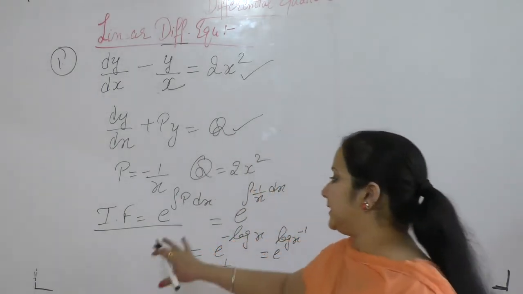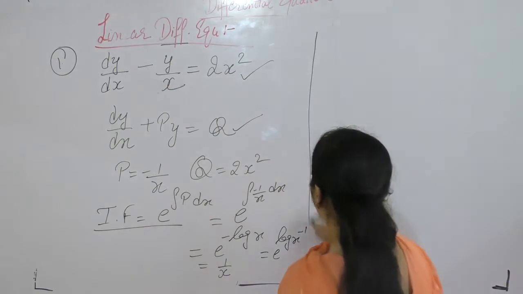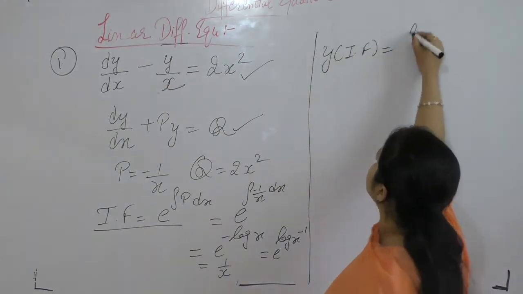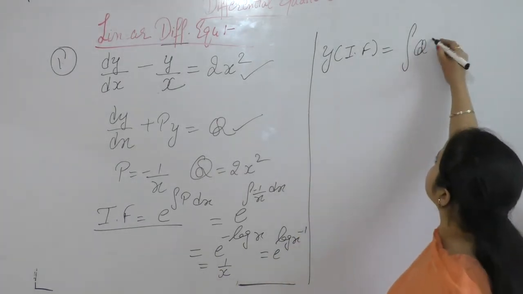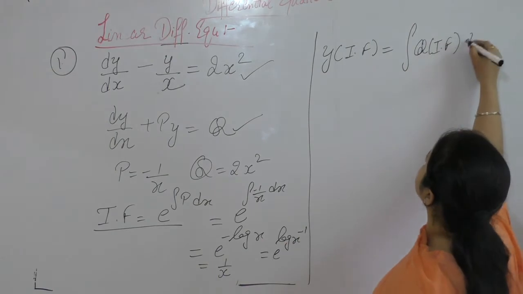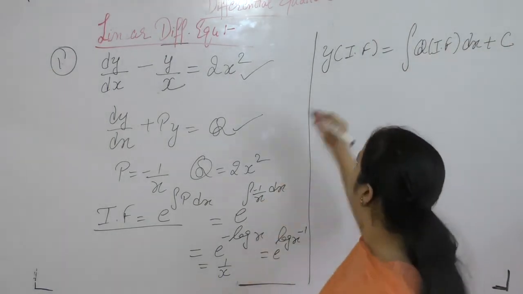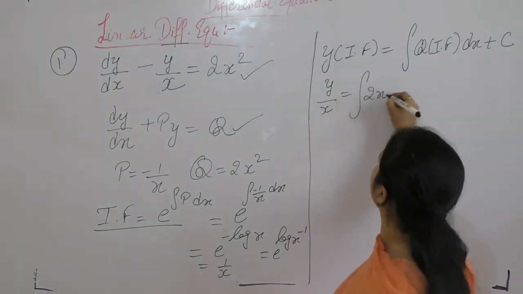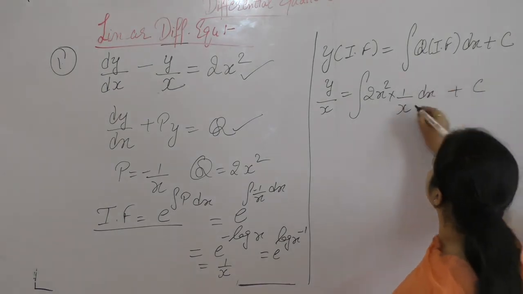After finding the integrating factor, the solution of this equation will be y into integrating factor is equal to integral of q into integrating factor dx plus c. What is the integrating factor? 1 upon x, so y upon x. Q is 2x square, multiplied by 1 upon x, the integrating factor.